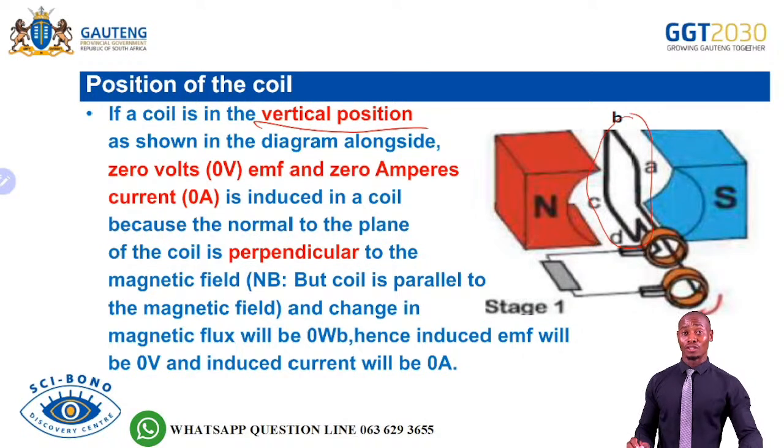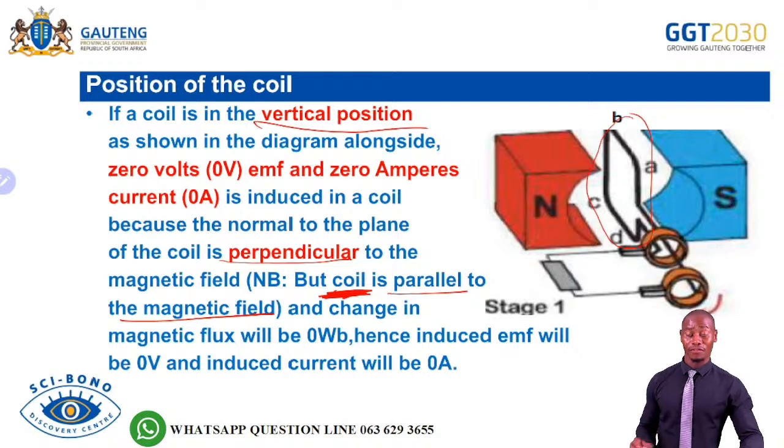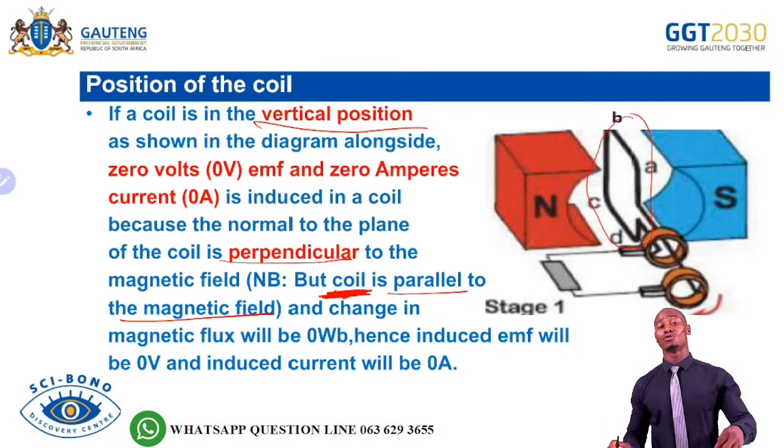But if we had to choose between parallel and perpendicular, here it is the normal to the plane that is perpendicular. But the coil, because they're asking us about the coil, is parallel to the magnetic field. So if the coil is parallel to the magnetic field, 0 EMF is induced.